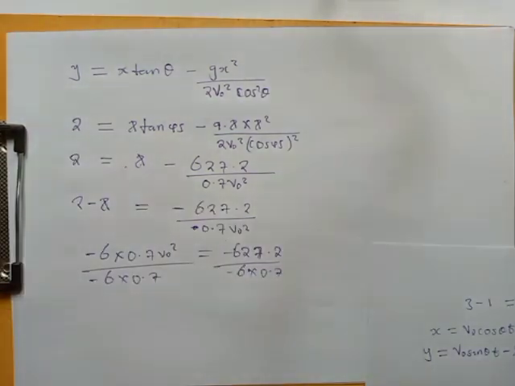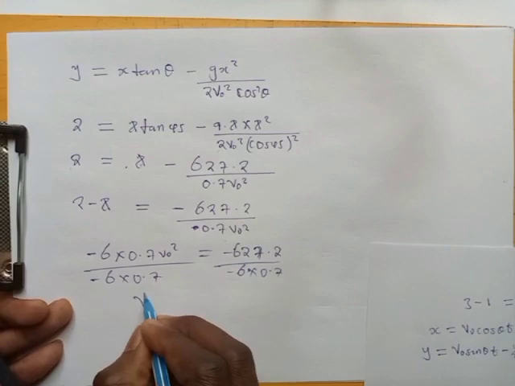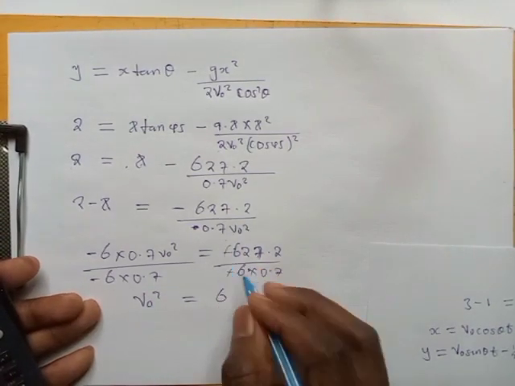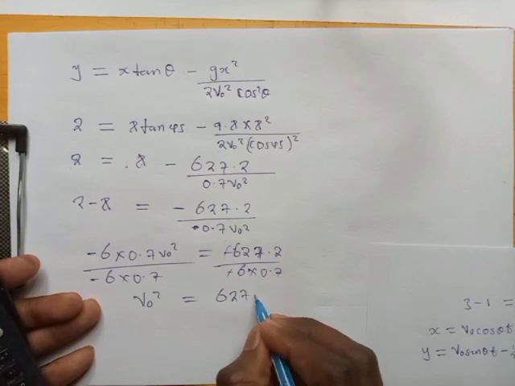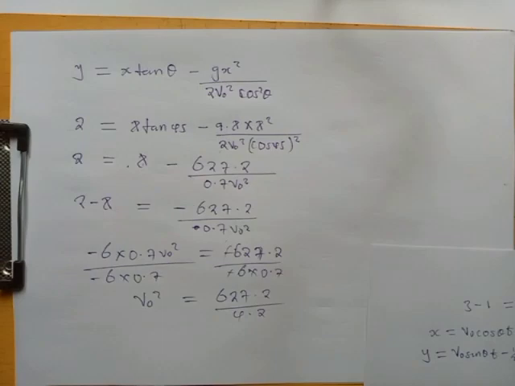we are getting 4.2. So meaning that we are going to have v initial squared equal to 627.2 over 4.2.